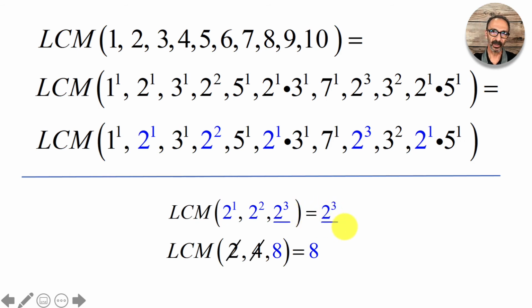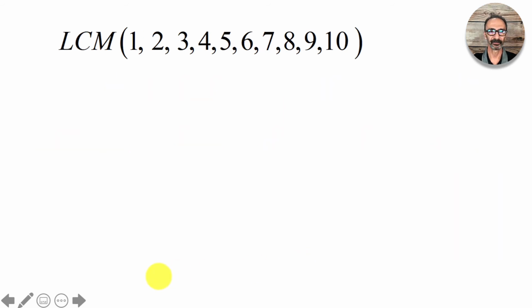On the other hand, if you're looking for the greatest common factor, because factors are smaller, we look for the least exponent. But let's just focus now on the least common multiple. So with the same idea, with the same game, we're going to apply that to 3's and so on. Going back to the problem.